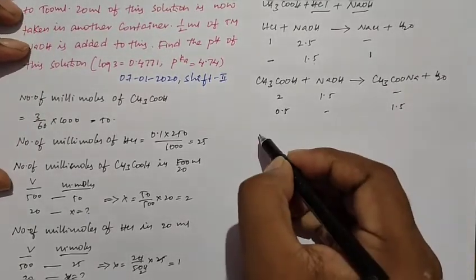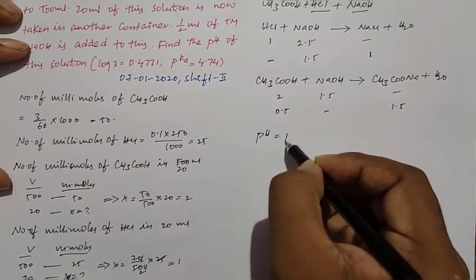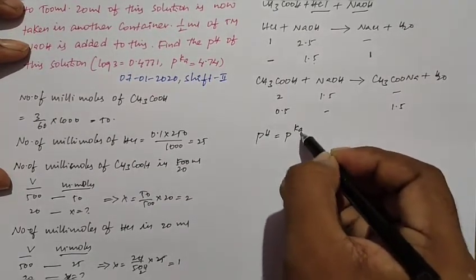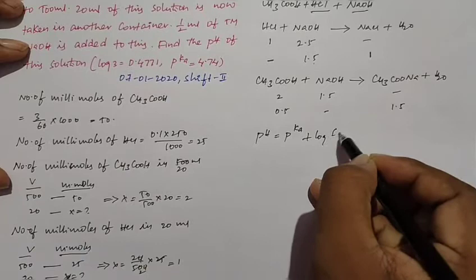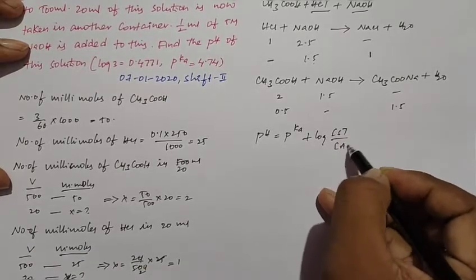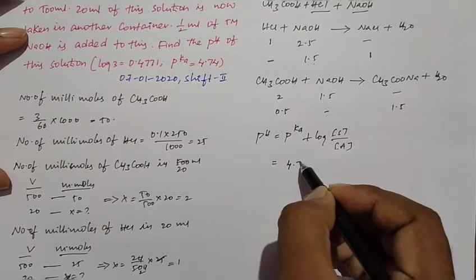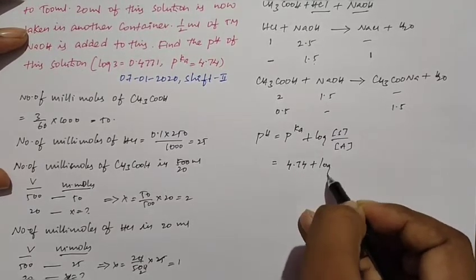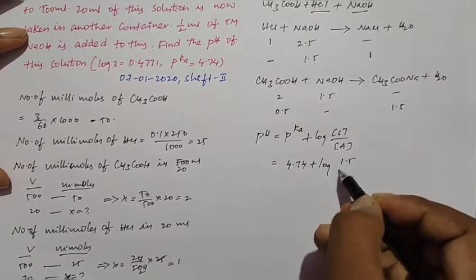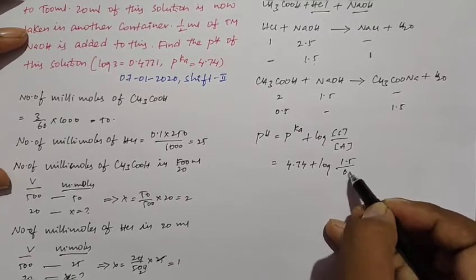Then the pH of the solution: pH is equal to pKa plus log of salt concentration by acid concentration. Now substitute the values. pKa is given as 4.74, plus log of salt concentration 1.5 by acid concentration 0.5.